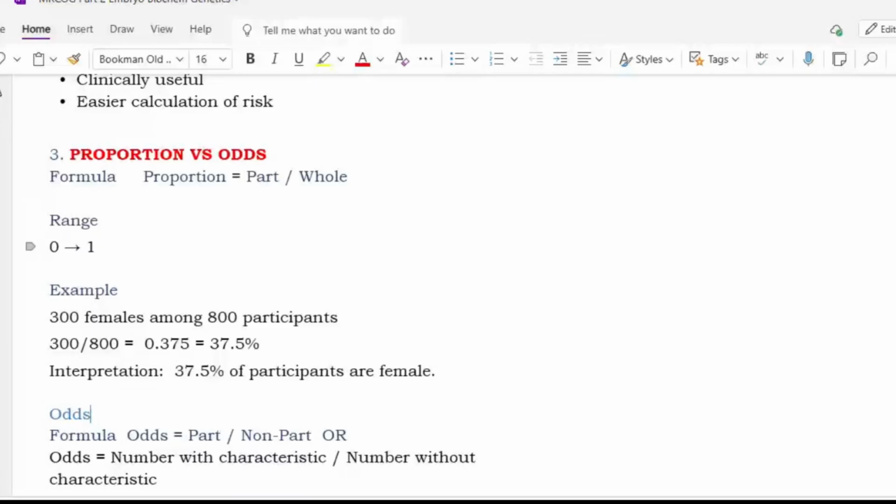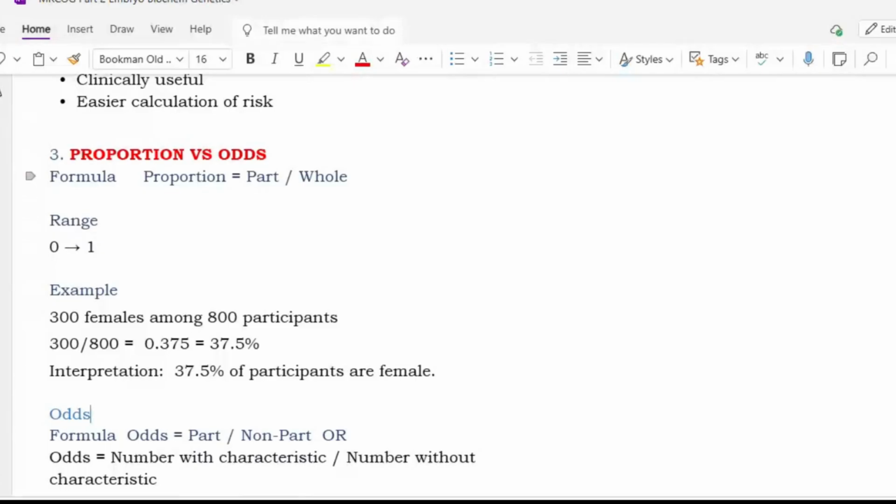For example, 300 females among the 800 participants. So 300 upon 800 is equal to 0.375, equal to 37.5%. The interpretation is that 37.5% of the participants are female. So this is what is called a proportion.